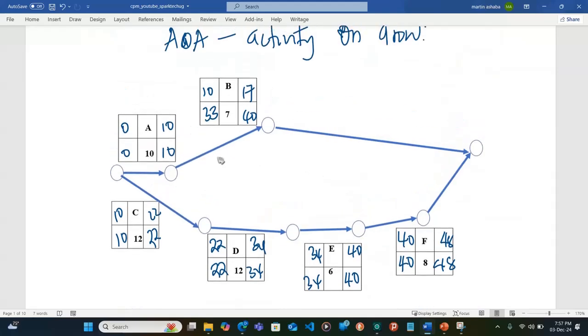For the arrow, the activity is on the arrow. Like you can see A and its duration are on the arrow. This B and its duration, they are on the arrow. Then likewise. So here, this is telling you that this is a start here, and this is the finish.